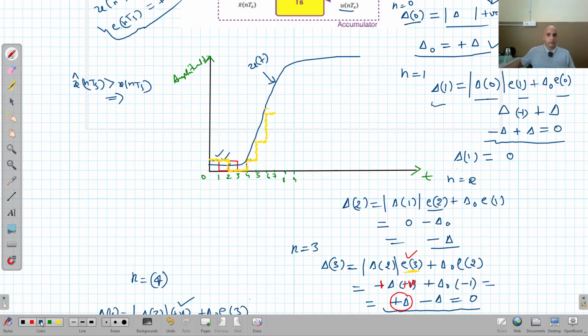Delta 7 is equal to 4 delta. 4 delta means you will add 4 steps here. 1, 2, 3 and 4 up to this point, right?